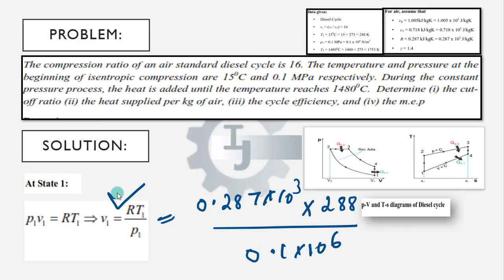By solving this, we got 0.827 meter cube per kg, the value of V1.